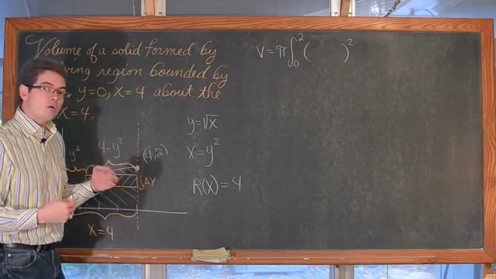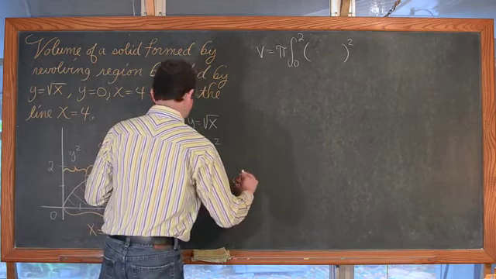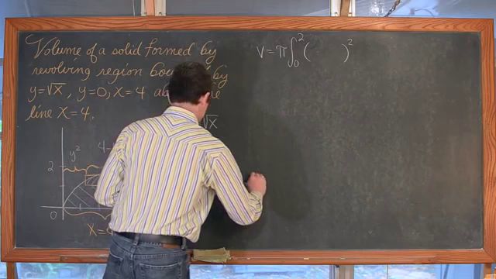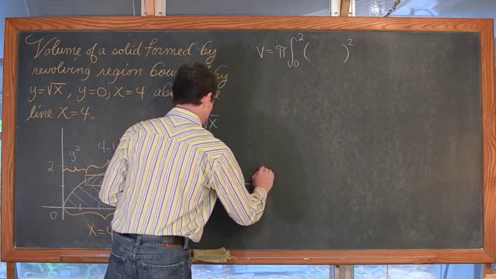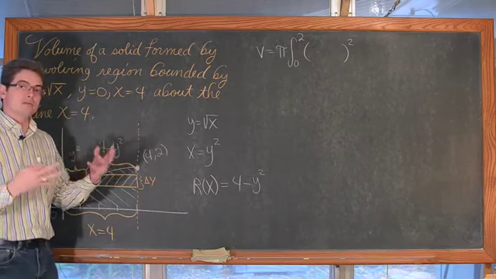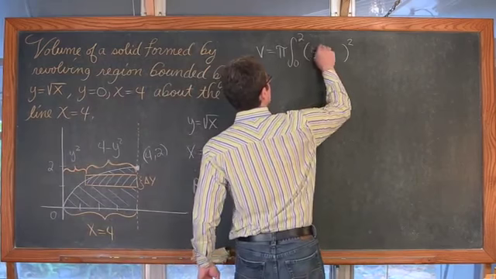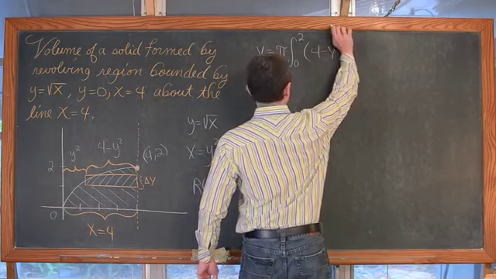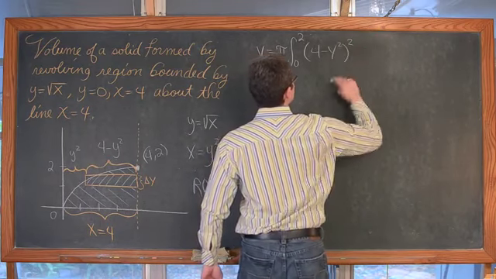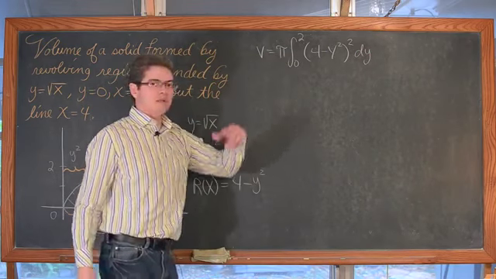And that is my r of x. That's my function describing the length of each of these rectangles, or the radius of each of these discs that I'm going to use to estimate the volume. So it's going to be 4 minus y squared, yes, squared dy.